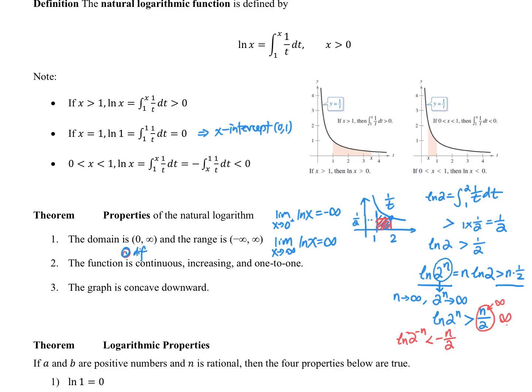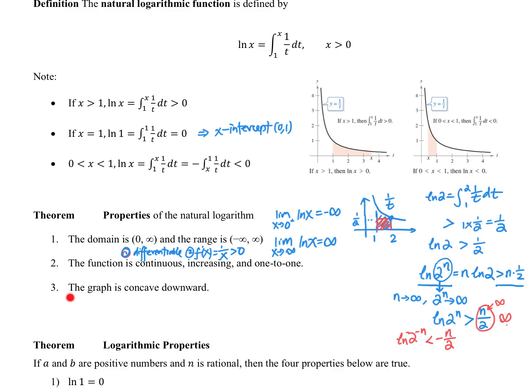Also, if you look at the derivative of this function, f prime of x is 1 over x, according to the fundamental theorem of calculus again, right? And it's definitely greater than 0 because x is greater than 0. Therefore, it is strictly increasing and therefore 1 to 1.